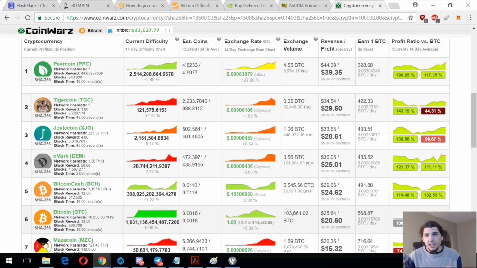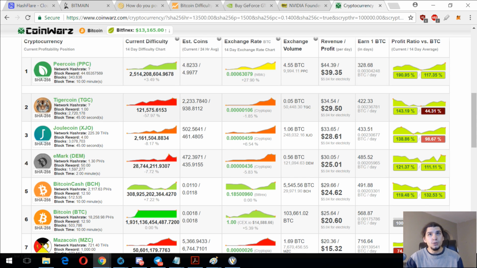But if you want to look at a more long-term average, you're going to want to look at the profitability of mining Bitcoin, because I guarantee you guys, PureCoin, even though it says right now you'll make $40 a day, within the next day or 2 days, this will be back down at the bottom. It's just because the competition on the network may have decreased, or the difficulty decreased, things like that.